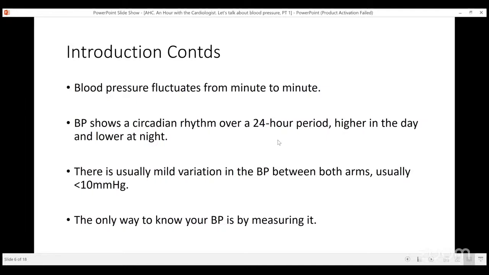All right. Now, blood pressure shows a circadian rhythm over a 24-hour period, higher in the day and lower at night. Now, the way I explain it is this: in the day, we have activities, we are moving around, we're doing a lot of things, so the heart is constantly facing that challenge of supplying blood, supplying nutrients, and this is activity time.